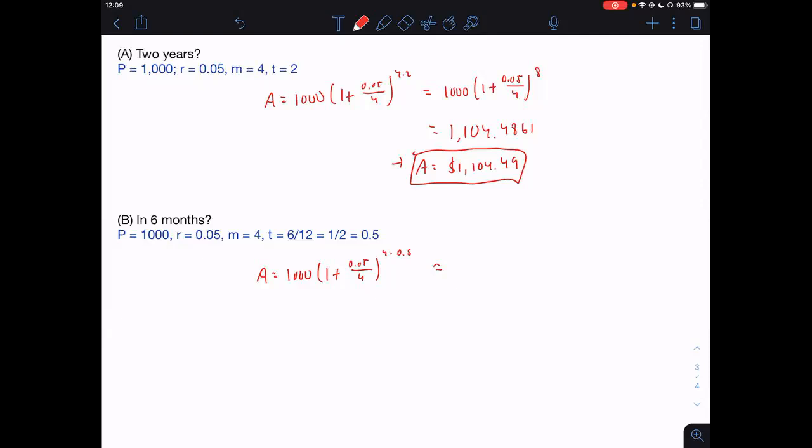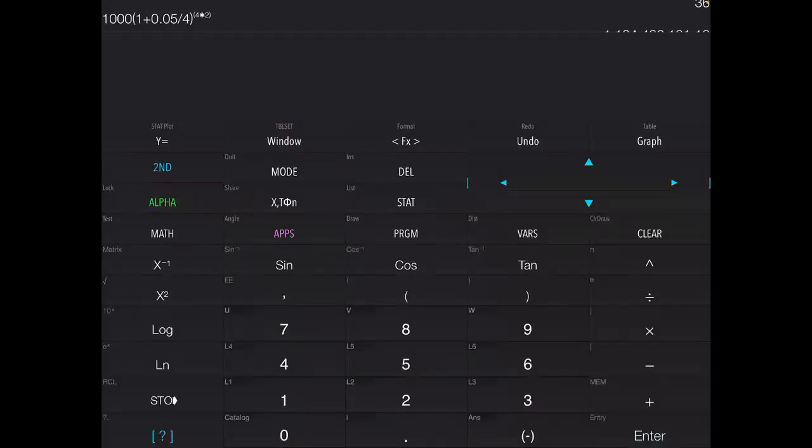Okay, so let's go to the calculators to make this calculation here. All right, so again, first start off with our principal, which is 1,000. The left parentheses, 1 plus our interest rate of 0.05, divided by 4, close parentheses, and then raise this, again using grouping, using a set of parentheses, raise this to 4 times 0.5.